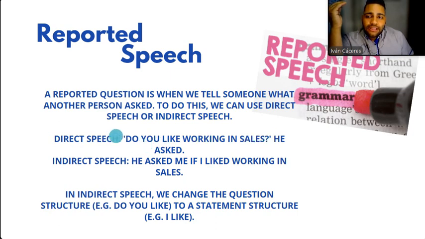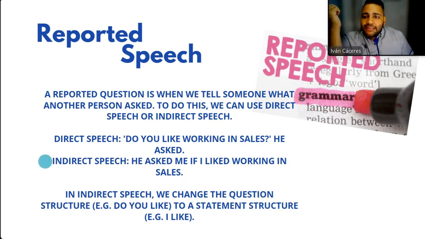Of course, we're using the quotation marks, as you can see here. They are very small, but we are using them. We use them because we are repeating every word that this person said, and then we are adding "he asked". Why asked? Because ask is what we use when we refer to questions.